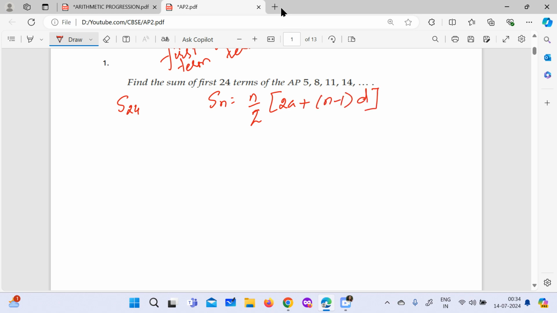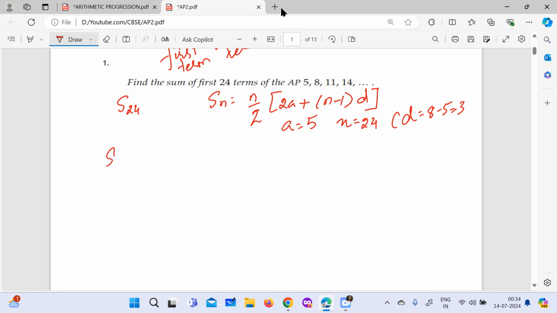So we will write all the values. a means the first term, a is 5. n stands for the number of terms, and n is 24. d is the common difference, so you can write this as 8 minus 5 equals 3.